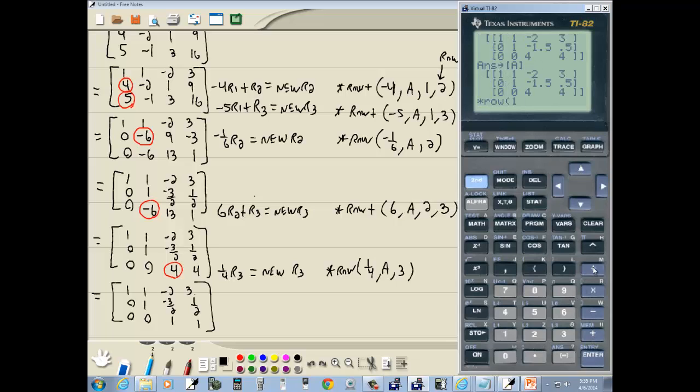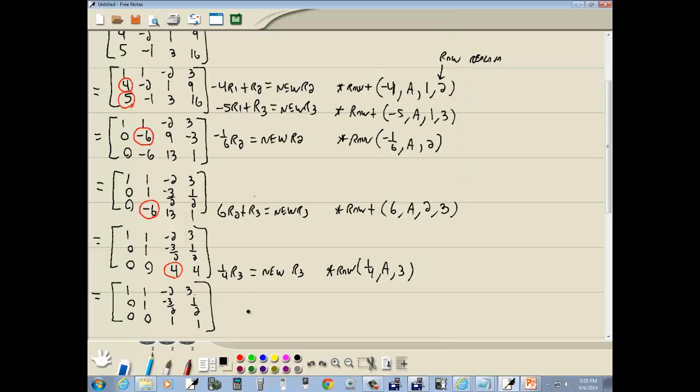So I'm going to do 1 divided by 4, comma, then matrix, and then enter on A, comma, 3, and then enter. Yeah, that looks good. Now I've got to store that. I would recommend not storing this to begin with. Just do it and see what it looks like, and then you can press your store and do matrix, enter on A, enter again.